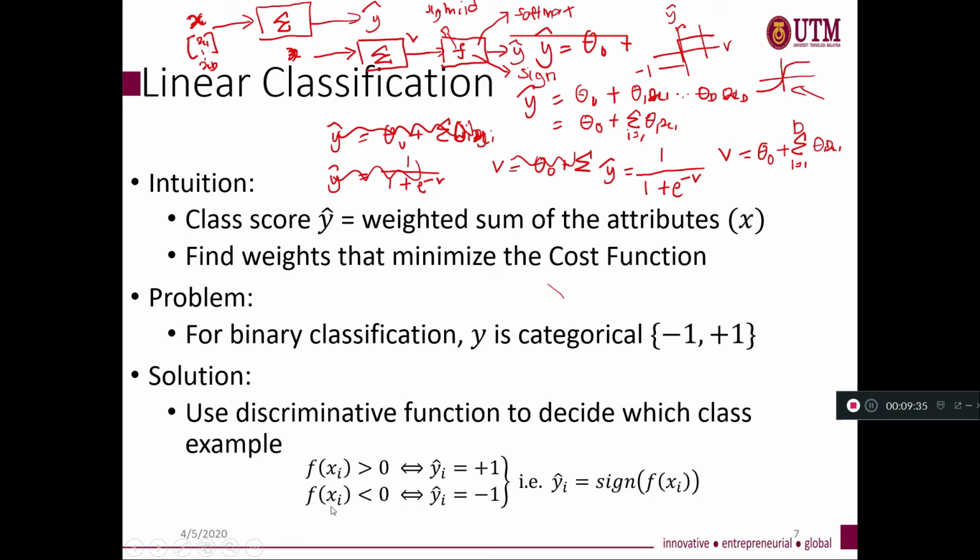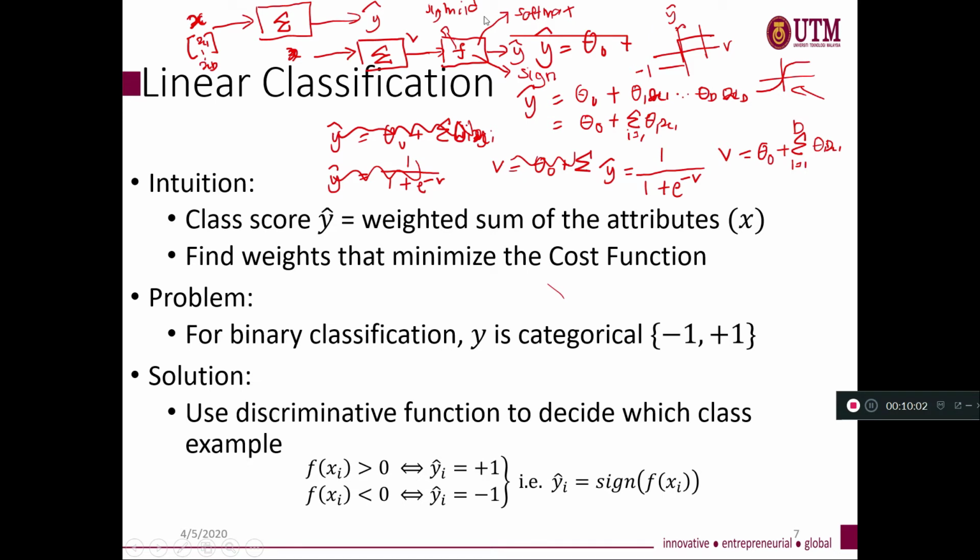If your v is less than 0, then your predicted y is equal to -1. This is a fundamental example of linear classification, which uses the non-linear sign function.